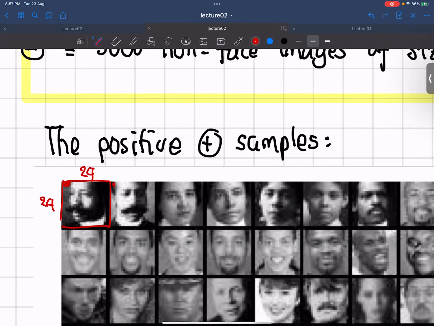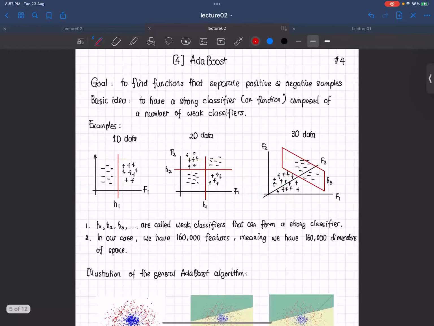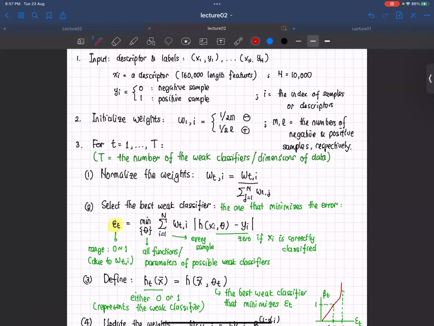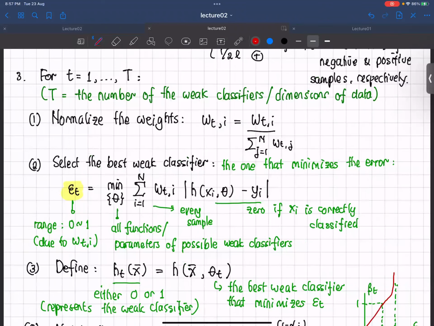Useless means that the error epsilon t is likely to be very large. If you look at the algorithm here, epsilon t is likely to be large, which means most of the time they are useless. If the features are independently verified, you don't really need to do this iteration, but independently apply this to every feature without weight. You ignore the weight because the weight is unknown.